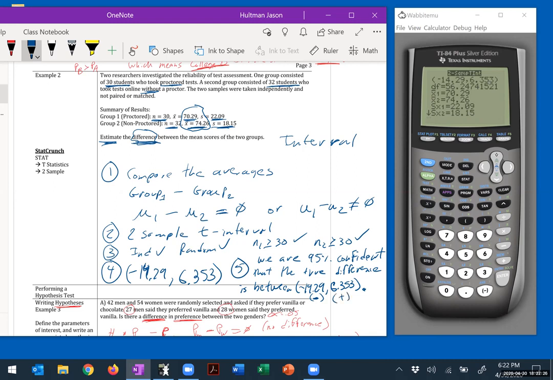This is an interval, like a number line. We're going from negative 14 all the way to 6. To go from negative 14 all the way to 6, wouldn't we have to go through 0? So couldn't 0 be a part of that? Yes. That means it is highly probable that there was no difference.